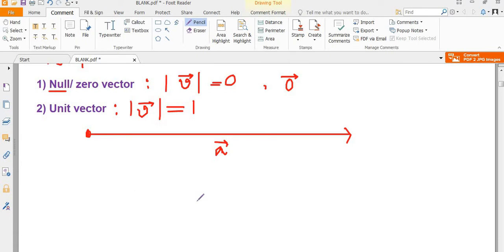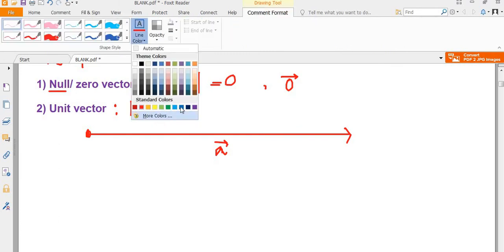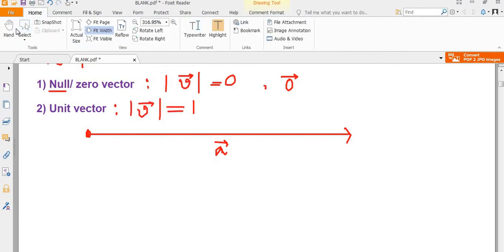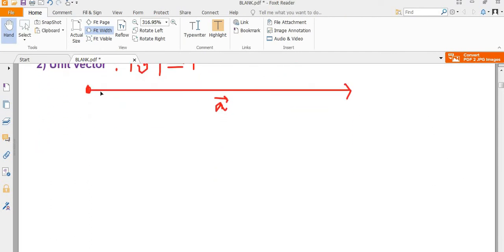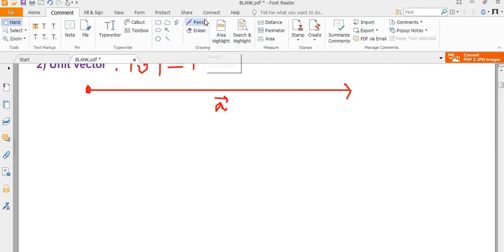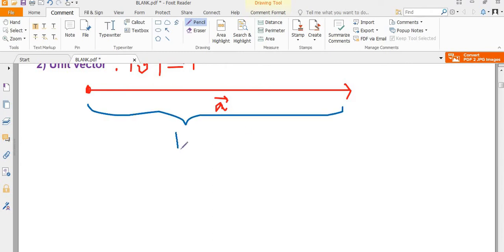Now how do I find out a unit vector that corresponds to this vector a? Let me just change the color. Modulus essentially is a way of representing how long this line is. The entire length of this vector is modulus a units, right?